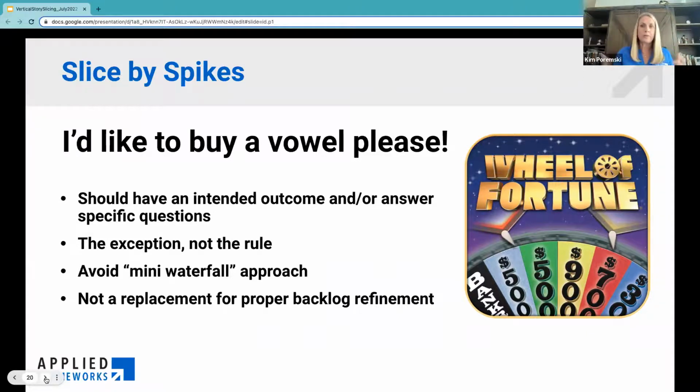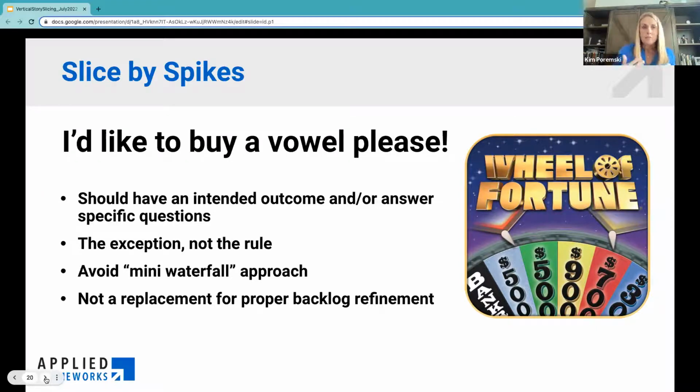And so you need a little bit more information. Typically, if you are going to do a spike, you have an intended outcome. We're going to just build out this little proof of concept to learn this thing to help us make the decision so that we can then build out the thing for real. Or we are going to build out this little bit of functionality or do this bit of research or what have you to get a few questions answered that's going to then propel us forward.